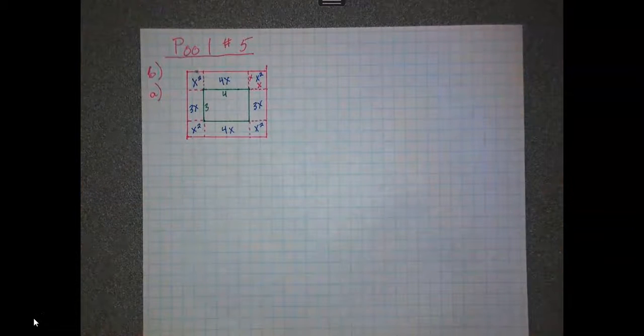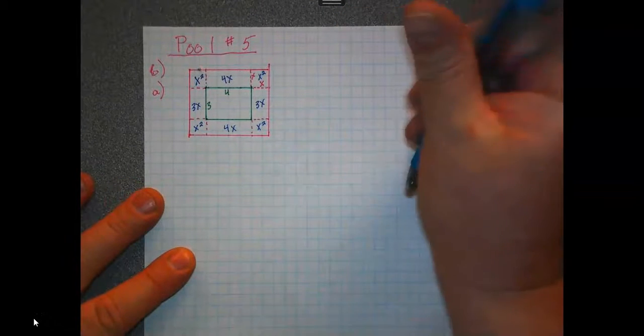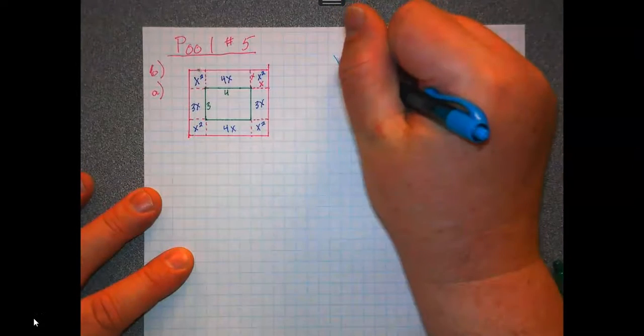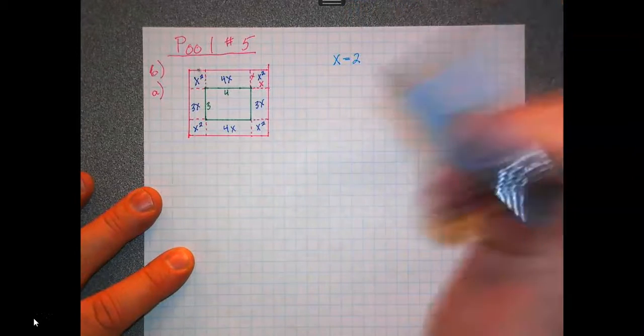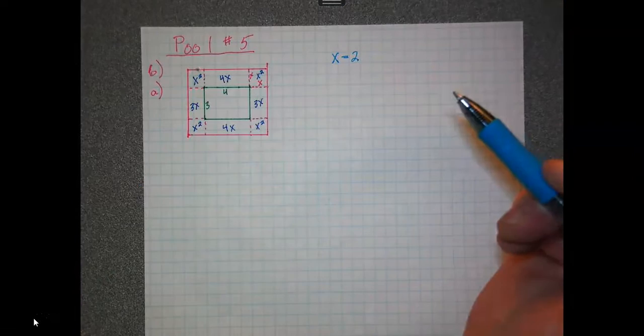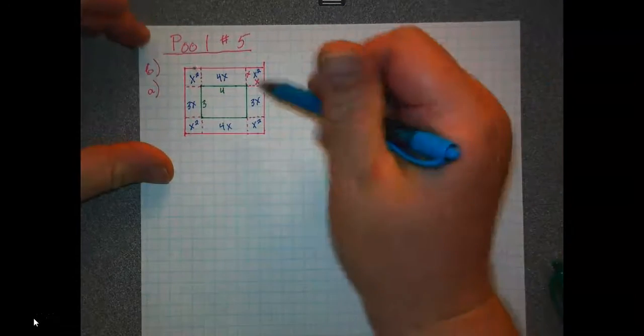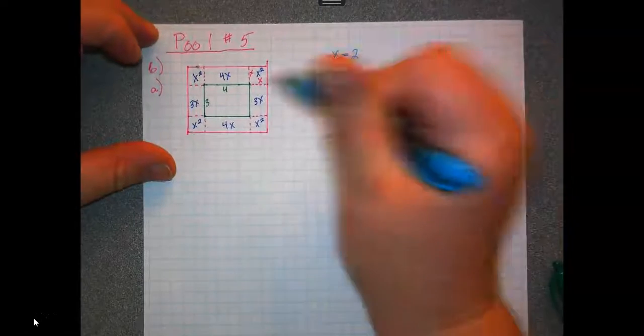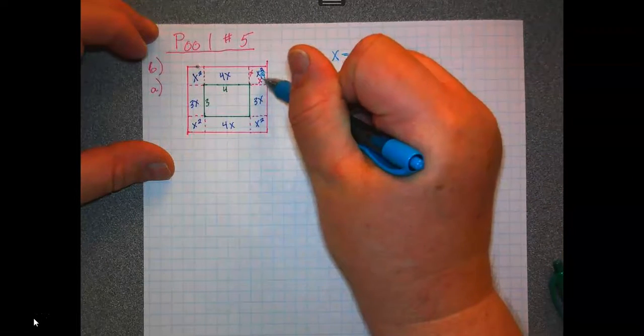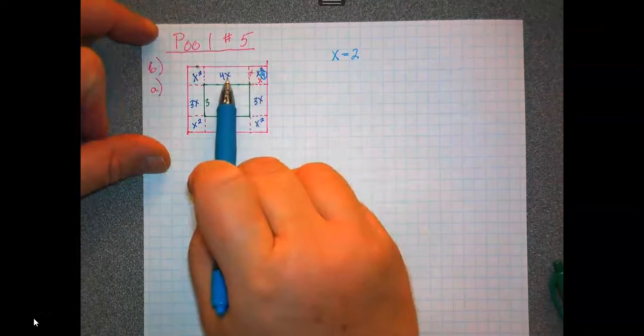Now, you can use whatever number you want. Again, I'm going to choose x equal 2. If I were to do this numerically, what's the area of this corner? 4. What's the area of this rectangle?